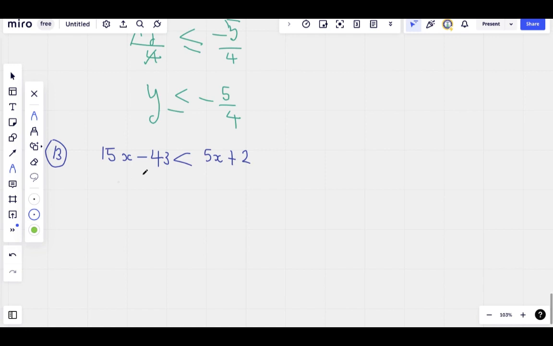We collect like terms as usual. The ones that have x, bring them to the left. We say 15x. Bring this 5x to the left, it becomes minus 5x, is less than this 2. Bring 43, it becomes plus 43. It's negative 43 on the left. When it comes to the right, it becomes positive 43. So 15x minus 5x, we get 10x.